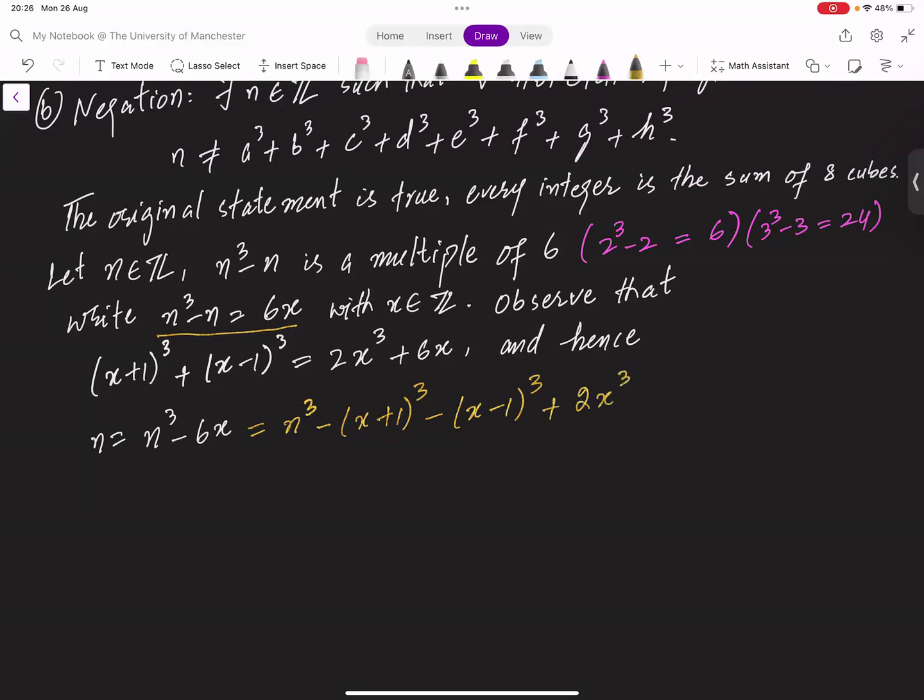Why? Because we know that this expression is actually equal to 6x. From this, we can write an expression for the 6x.